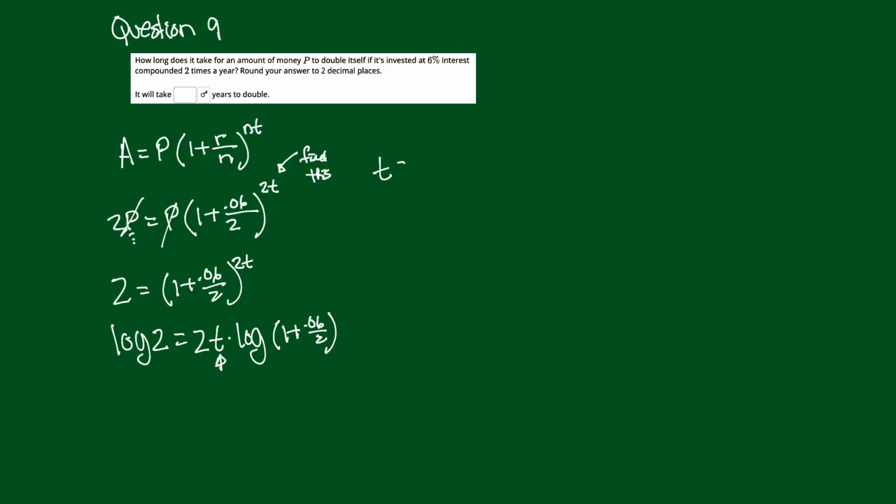So t is going to equal, all right, we got a log of 2 on the top and 2 times the log of quantity 1 plus 0.06 over 2 on the bottom. So just be careful how you put it in now. I'll press the log key and I get parentheses.